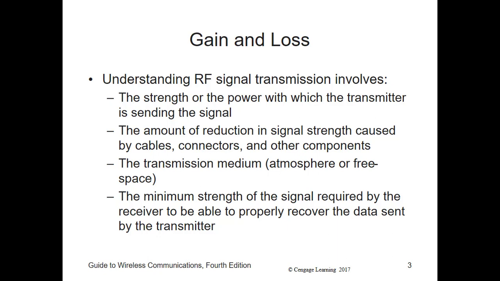So understanding RF signal transmission involves knowing the strength or the power with which the transmitter is sending the signal, the amount of reduction in signal strength caused by the cables or connectors and other components, the transmission medium with electronic waves, and the minimum strength of a signal required by the receiver to be able to properly recover the data that was sent by the transmitter.